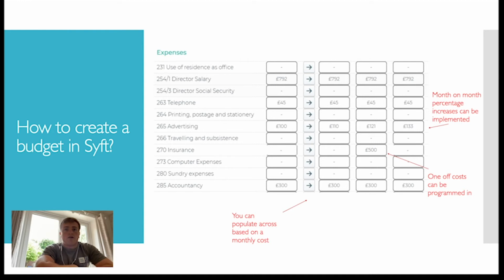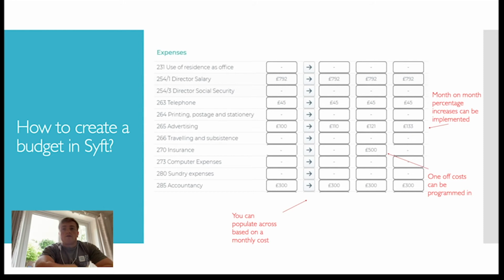Once you put a number in here, clicking the arrow next to it will give you three options, and here you'll have the choice to populate the budget using the first month's value, like I have in this budget for the director's salary, telephone and accountancy expenses. This tool is particularly useful when you've got items that you're likely to be paying on a consistent monthly direct debit for.